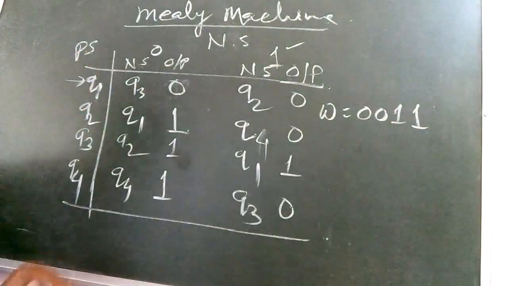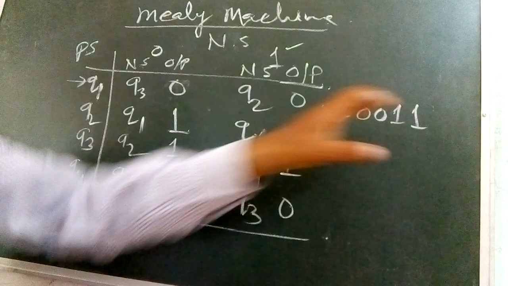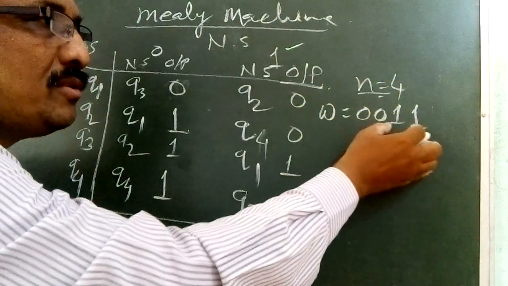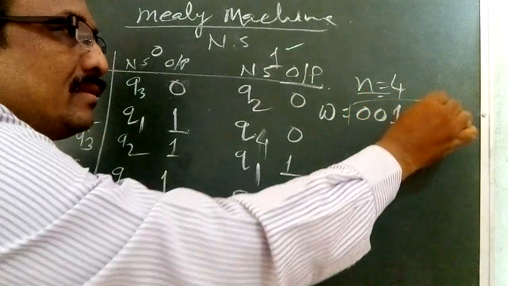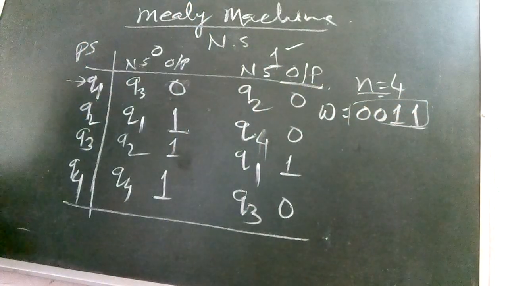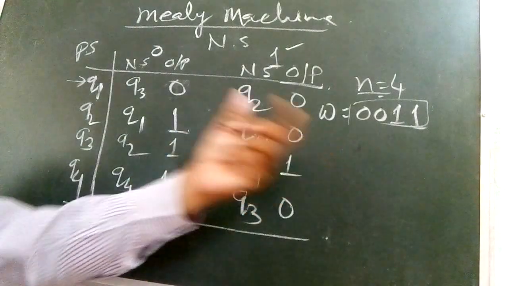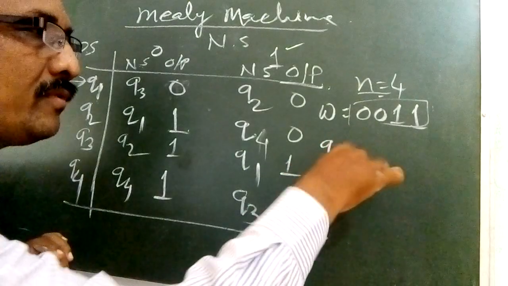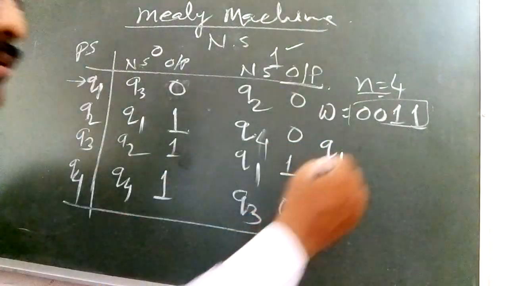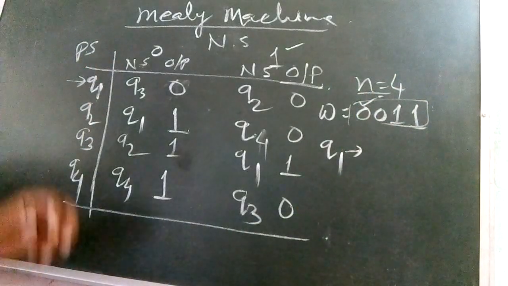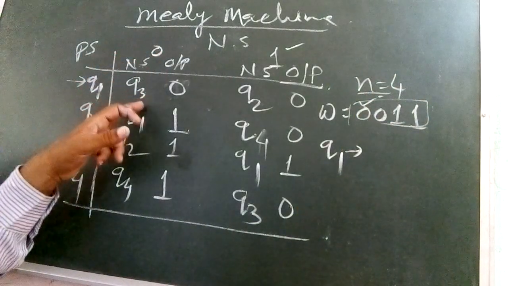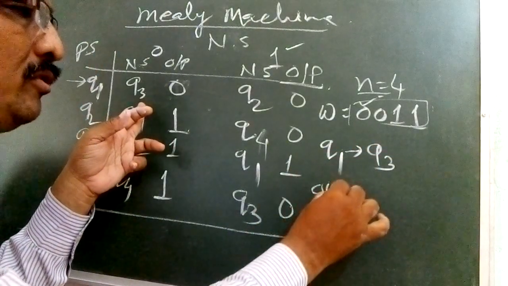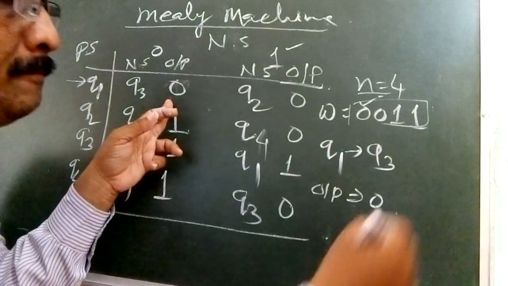Take some string, 0011, of length n equals 4. Now you can check this string from the initial state, that is from Q1, for input 0. From Q1 for input 0 it will go to next state Q3 and output is 0.